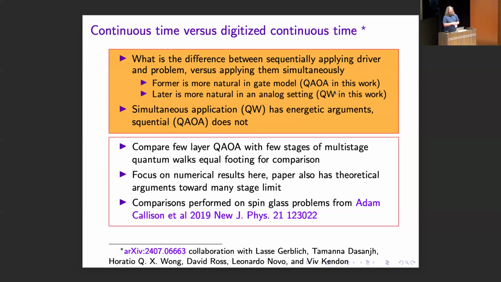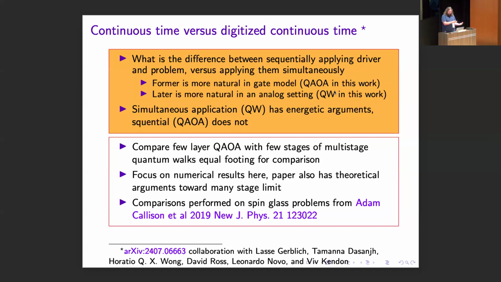Another bit of work we've done in a similar direction is thinking of continuous time versus what I call digitized continuous time. So this is thinking of a continuous time quantum walk where you leave everything fixed, but you have the driver and the problem Hamiltonian simultaneously on.